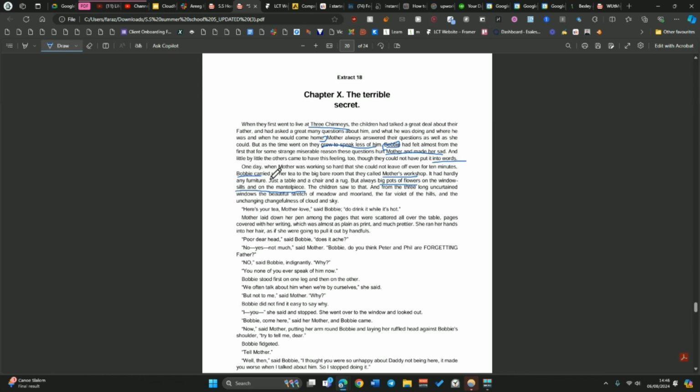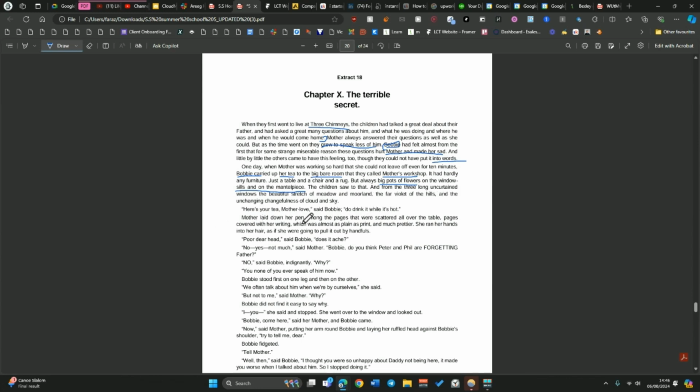Okay, so Bobby's the one that's carrying up the tea to the big bare room. It just had a table and a chair. There was always a big pot of flowers, but it doesn't say who's doing that so far.